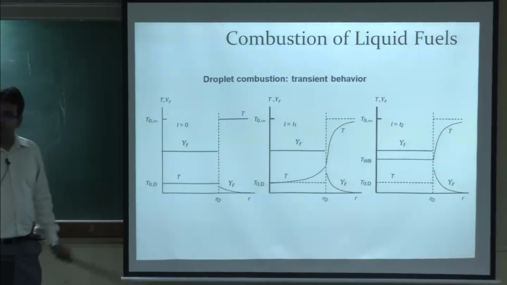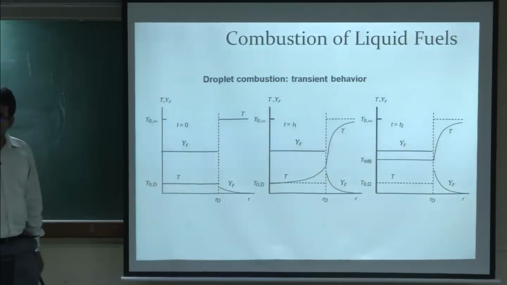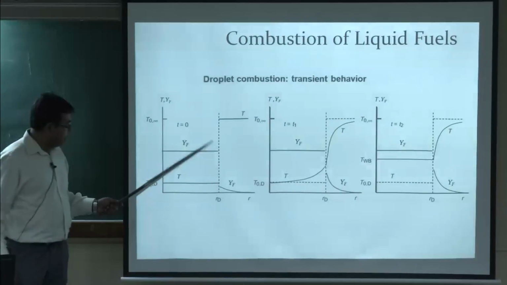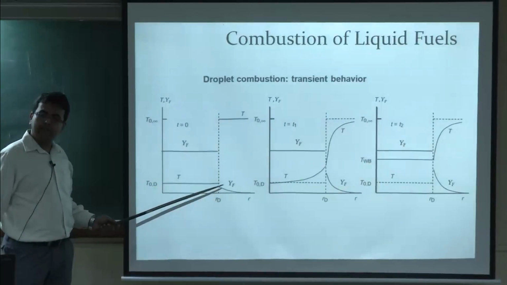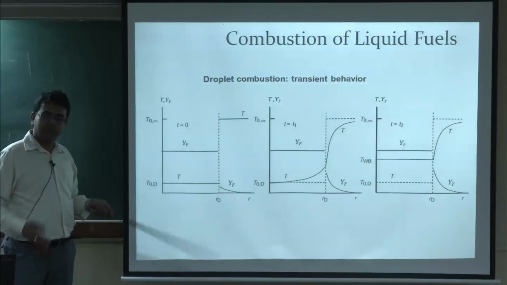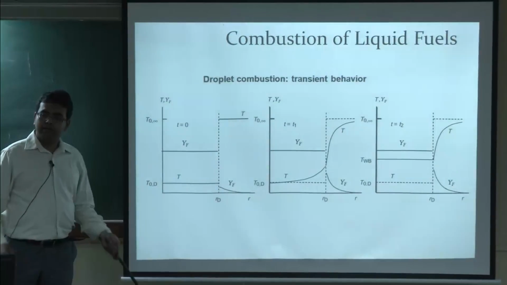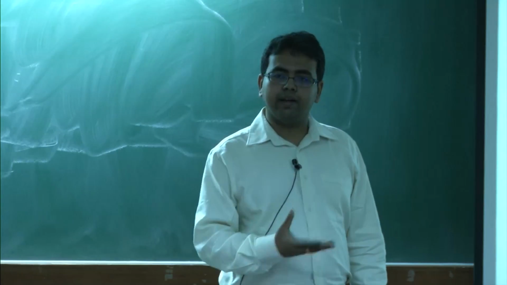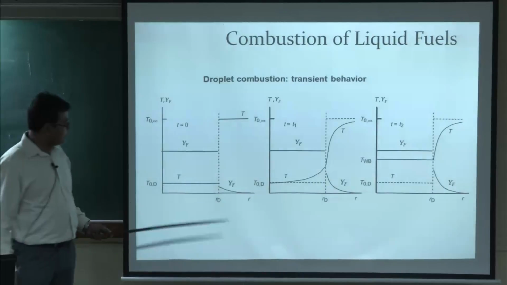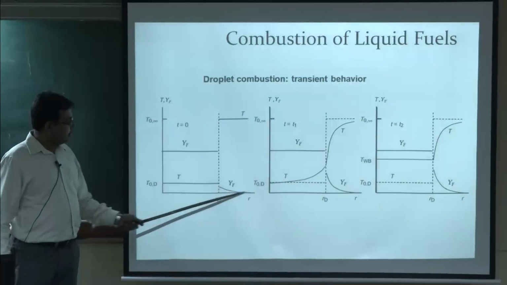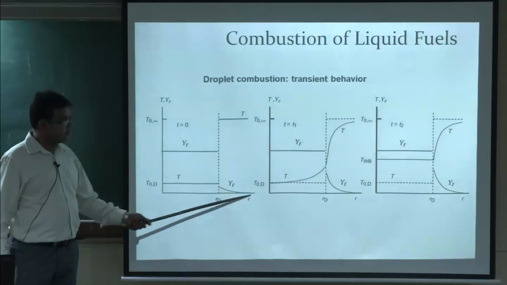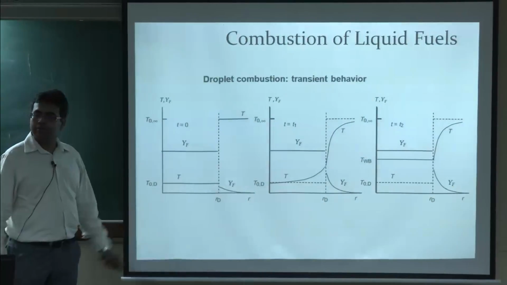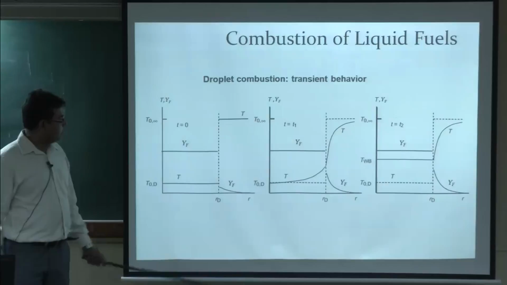The surface mass fraction you can obtain from a relationship like the Clausius-Clapeyron relationship, using which you can calculate the surface mass fraction of the fuel. Outside the droplet it goes to the ambient mass fraction, which is 0 in many applications.